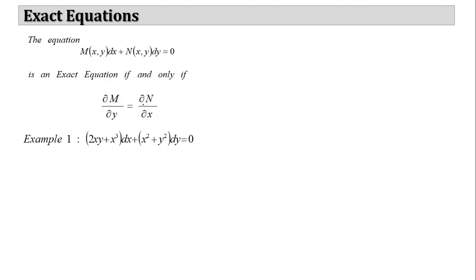Say we have (2xy + x^3) dx + (x^2 + y^2) dy = 0. So here, obviously, M is equal to 2xy + x^3 and N is equal to x^2 + y^2. Then we differentiate M partially with respect to y.